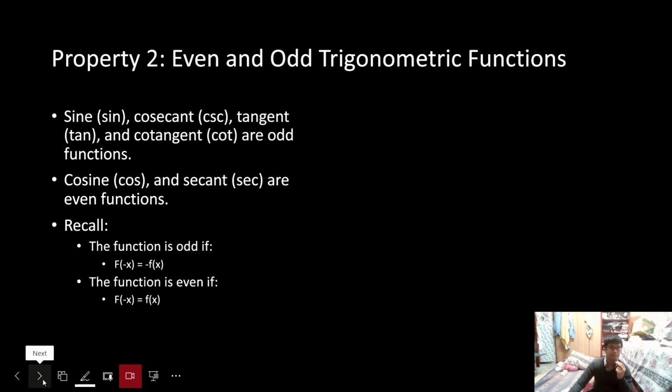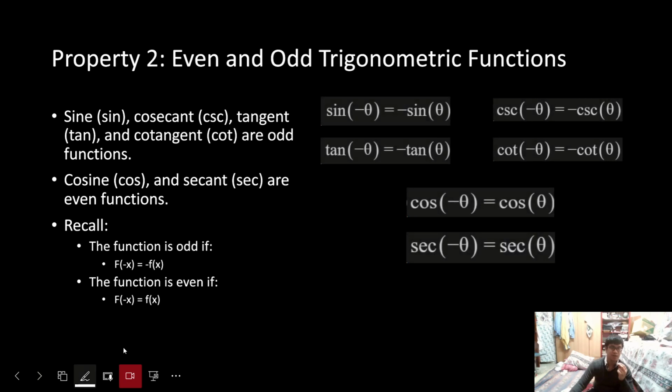So here, for the sine, cosecant, tangent, and the other functions, this is what it looks like. For the odd functions, we have sine, cosecant, tangent, cotangent. If in sine the input is negative, the answer would be negative sine theta.